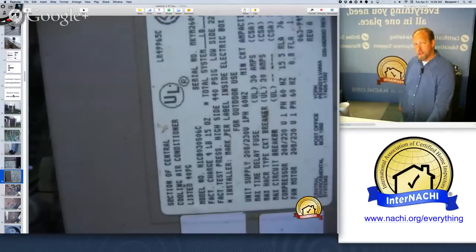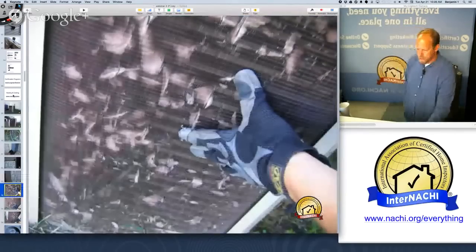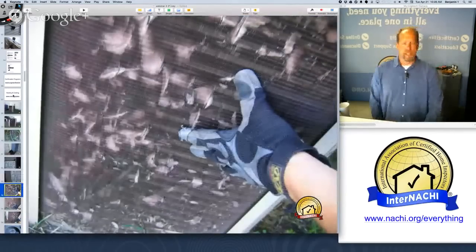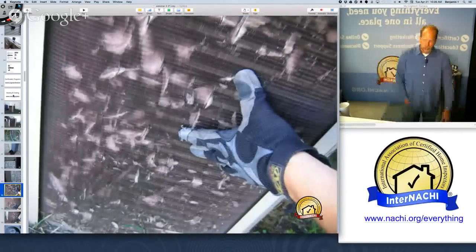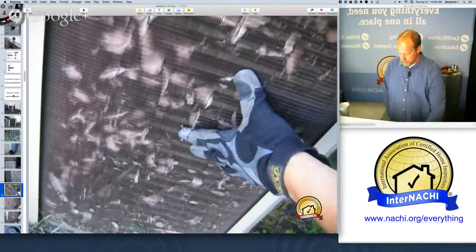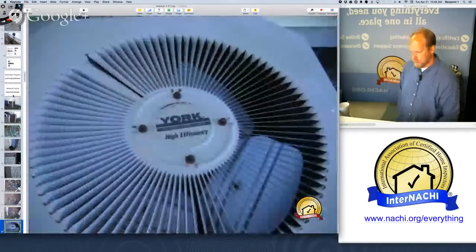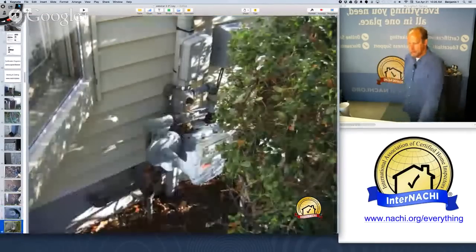I take a micro picture of the manufacturer's label. That tells me a lot of things about the size. We help you in our training courses determine the size, general rule of thumb situations. The fins are really damaged, and that lowers the efficiency a bit, and that could be adjusted.